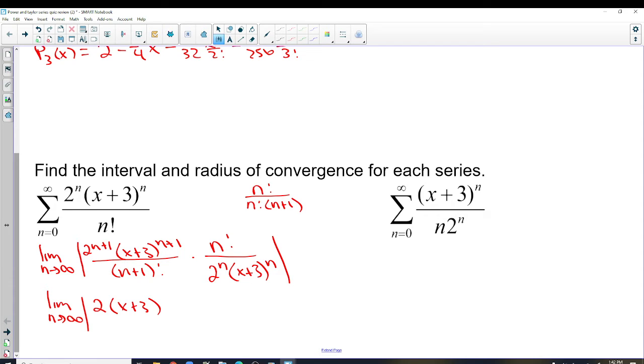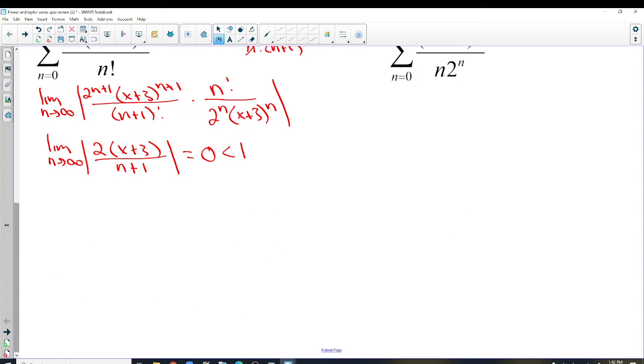That's n plus 1 factorial in the denominator, and then the factorials cancel out, so we're over n plus 1. But that goes to 0 because the denominator is going to infinity, and that's always less than 1. So the interval of convergence is negative infinity to infinity, and the radius of convergence is infinite.